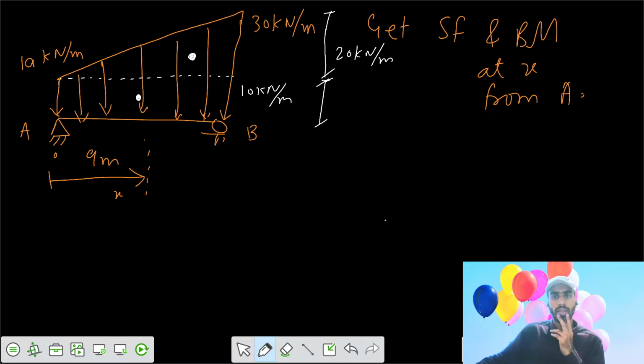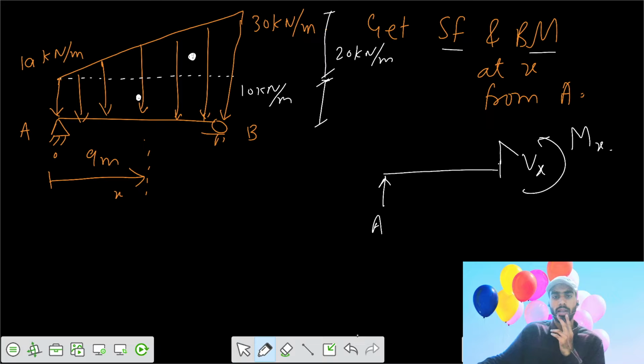Because it is asking for the shear force and bending moment at x from A, let's say this is your support. The support gives a vertical reaction A, and the beam has been cut at x from A. Suppose the shear force at x is Vx and the moment here is Mx. Then the variation of loading is this way.